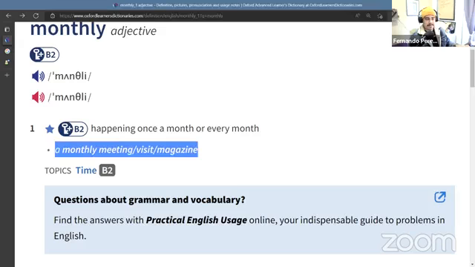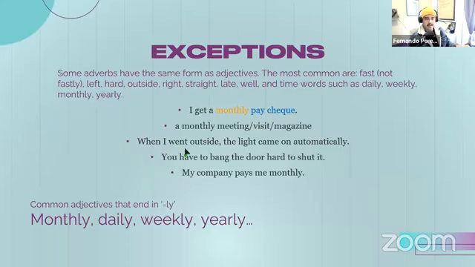We have another example here. When I went outside, the light came on automatically. When I went outside, the light came on automatically.